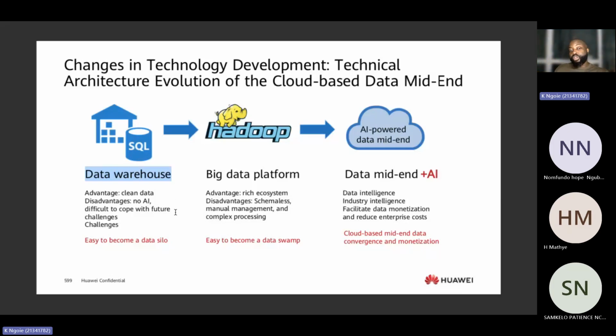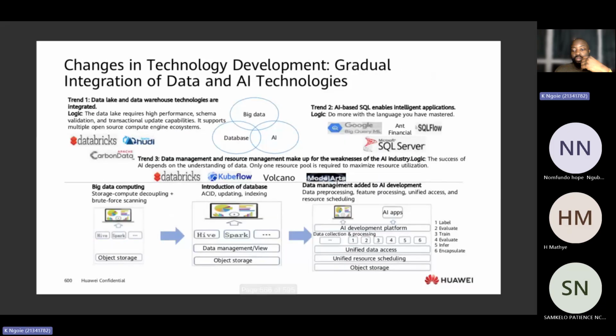And then in terms of real-time data streaming, we mentioned Kafka, we spoke about Flink, and we also spoke about Flume. Those are some examples.